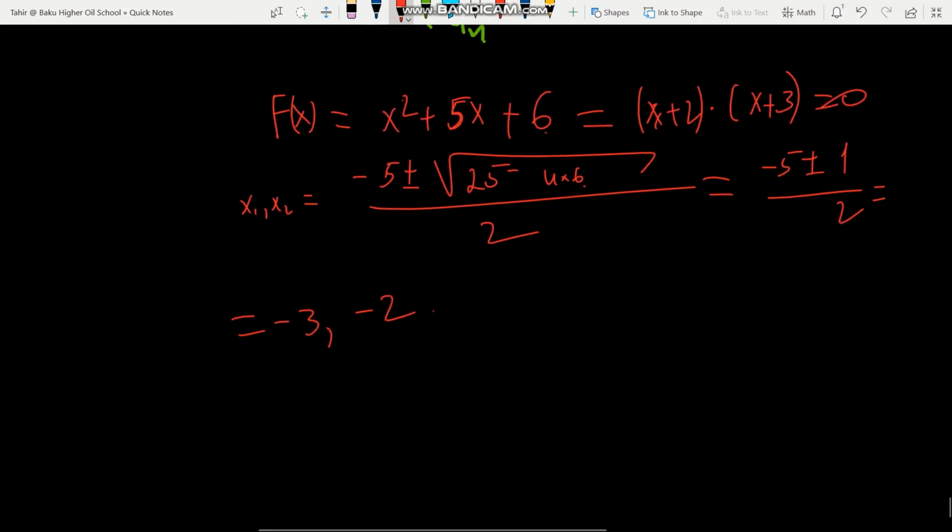and minus 3. And let's first of all find the sum one by one. For example, a plus b is equal to minus 5, and the multiplication of them is equal to 6.